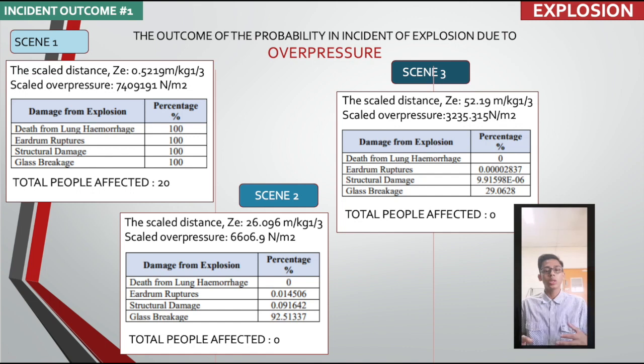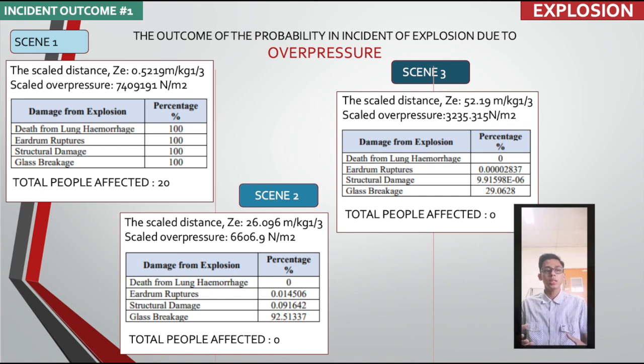For scene 2, we assume its worst case scenario. The distance from the ground zero point is 500 meters from distillation column C202. The calculated scaled distance ZE is 26.096 meter per cube root kilogram, with the scaled overpressure of 6,606.9 Newton per meter square.